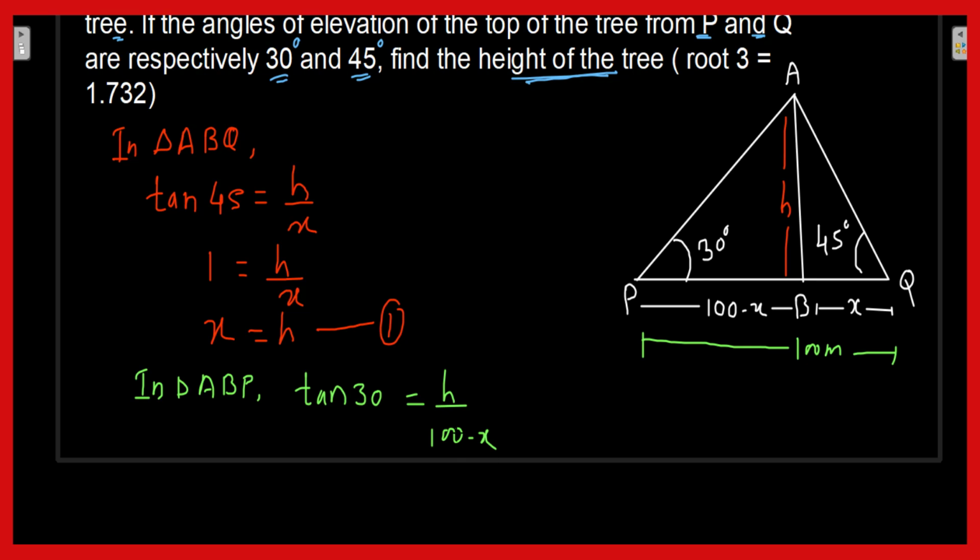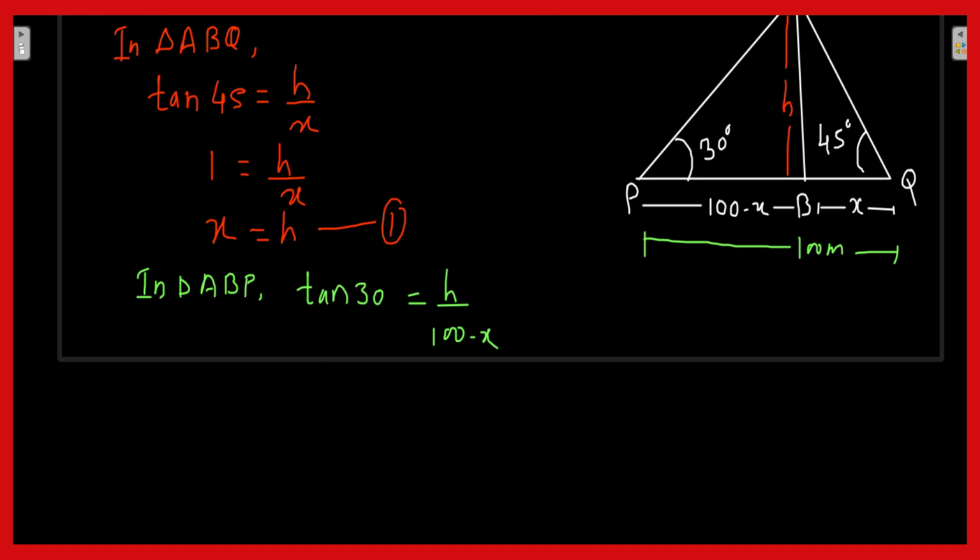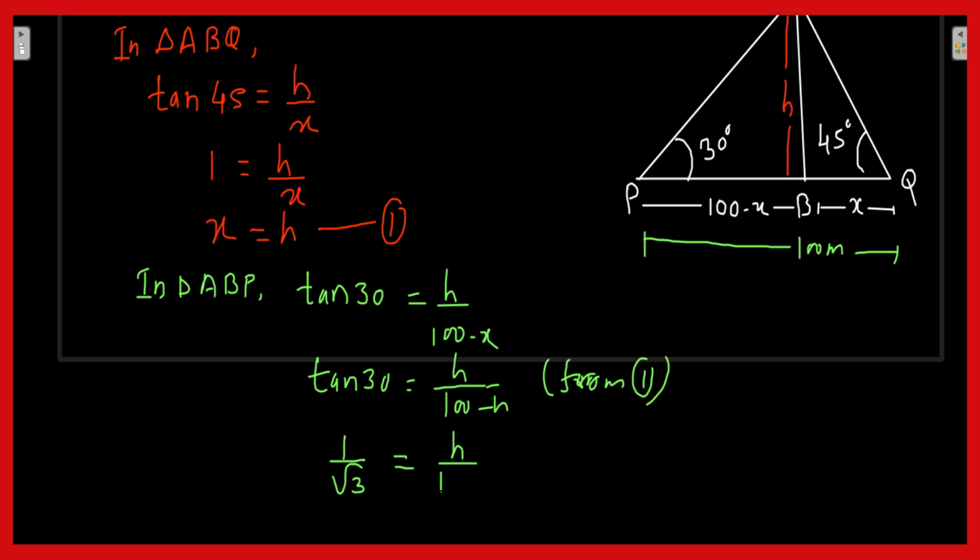But what is x? x is nothing but h, so we can replace x by h from equation number 1, and so you will get tan 30 equal to h upon 100 minus h. But tan 30 is 1 upon root 3, so 1 upon root 3 is equal to h upon 100 minus h.